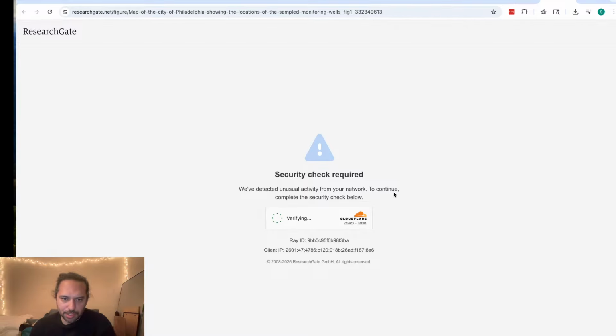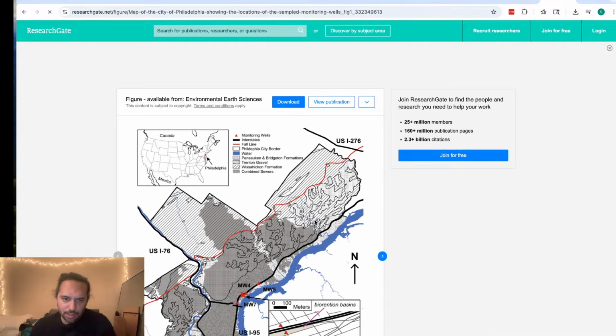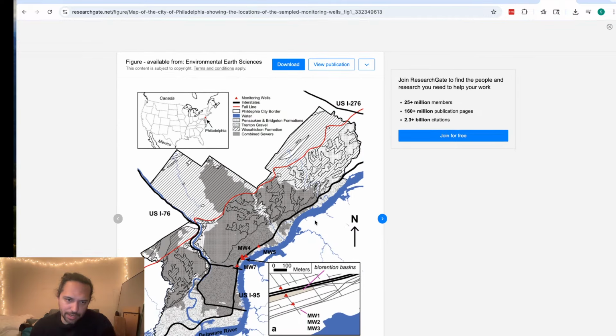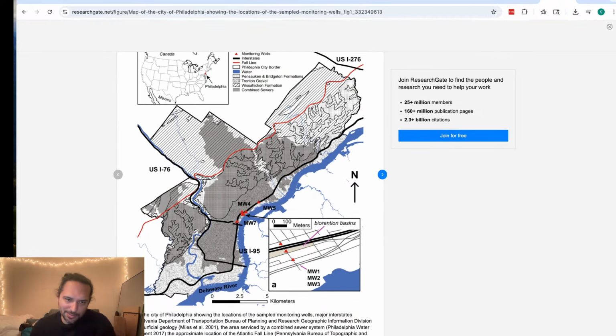Okay, so you see now. What do you recognize about the Fall Line here? And I'm talking about class when I'm talking about the Fall Line. Notice how most of Philadelphia is on the south of the Fall Line, right?